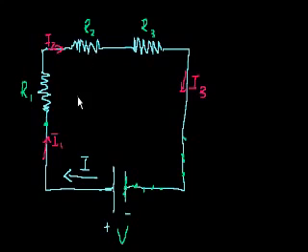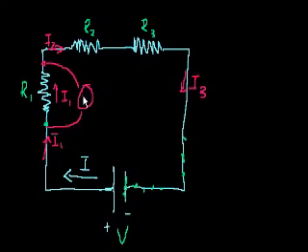But the current through this entire series circuit is constant. Now, if we say that, what else can we say? Well, let's say the current through here is I1. If the current through here is I1, what is going to be the voltage if I measured it from here to here? What is this voltage here?